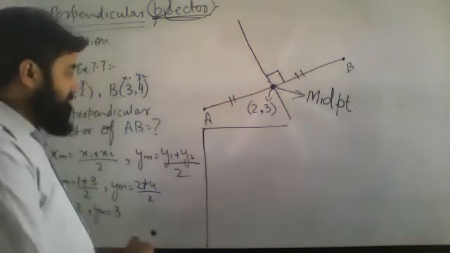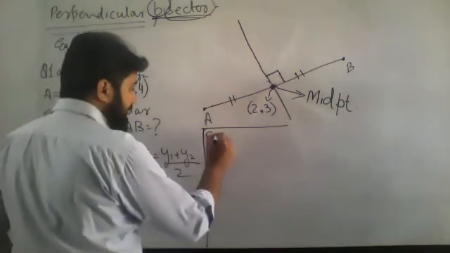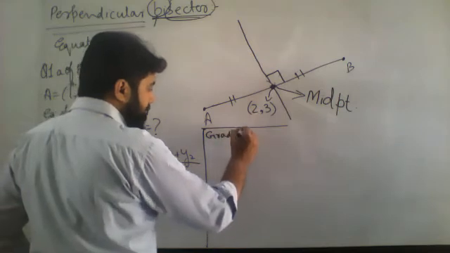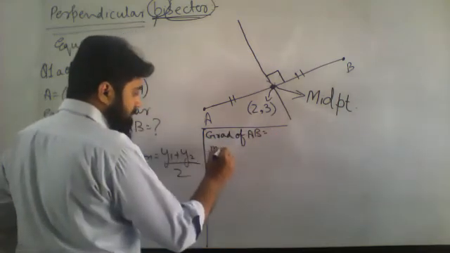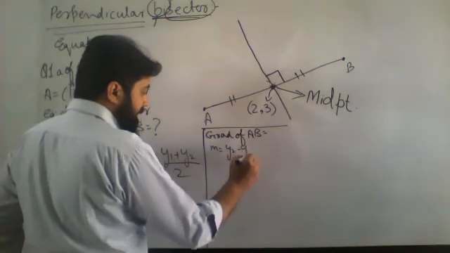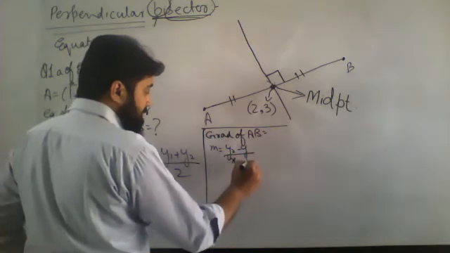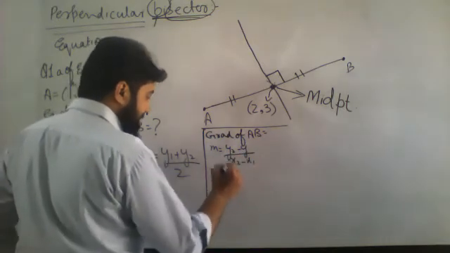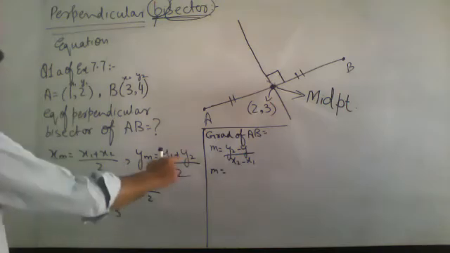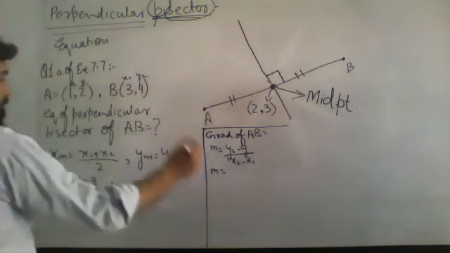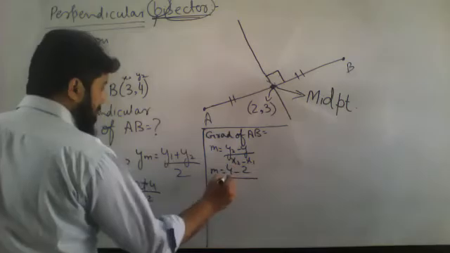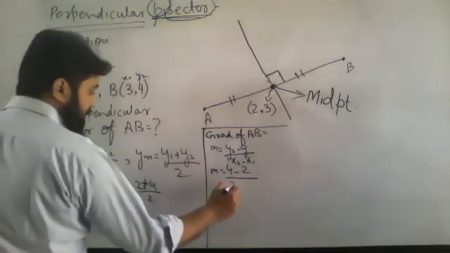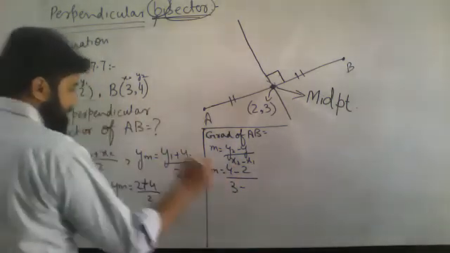Okay, so the gradient of AB, m equals y2 minus y1 upon x2 minus x1. m equals y2, which was 4, minus y1, which is 2, over x2 which is 3 minus x1 which is 1.